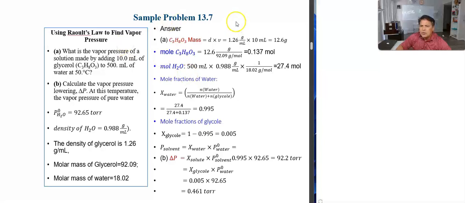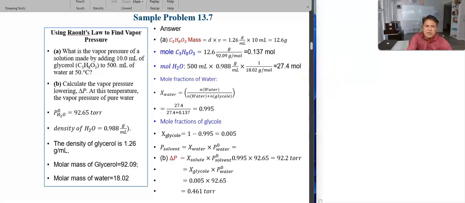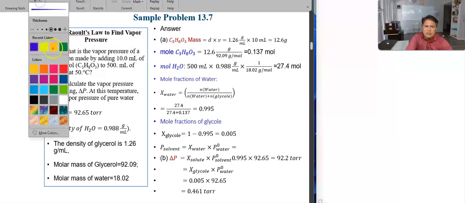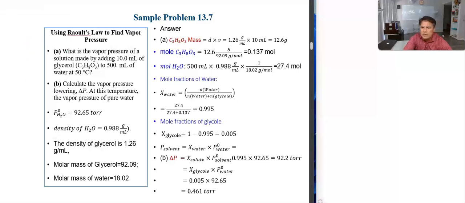First of all, the glycerol, which is C3H8O3, is given. Let's find out its mass first. Mass is equal to density times volume, and this is equal to 12.6 gram.